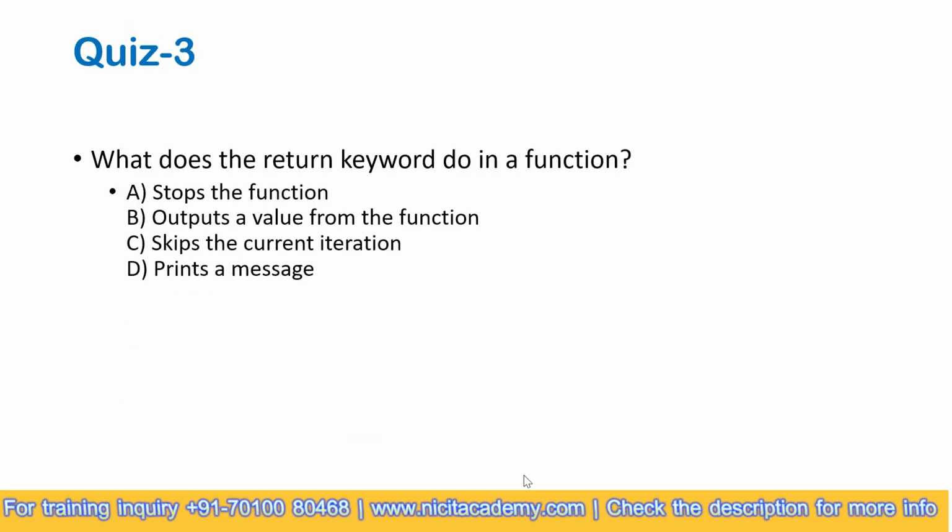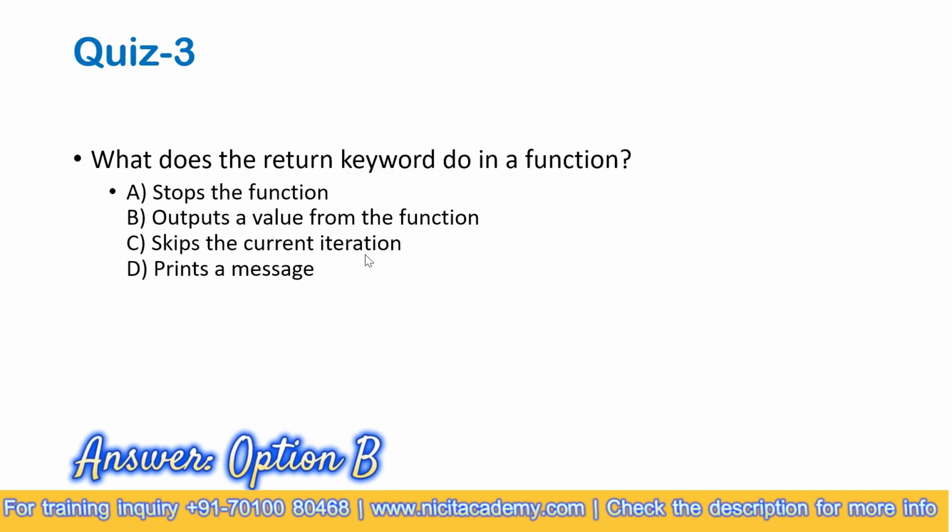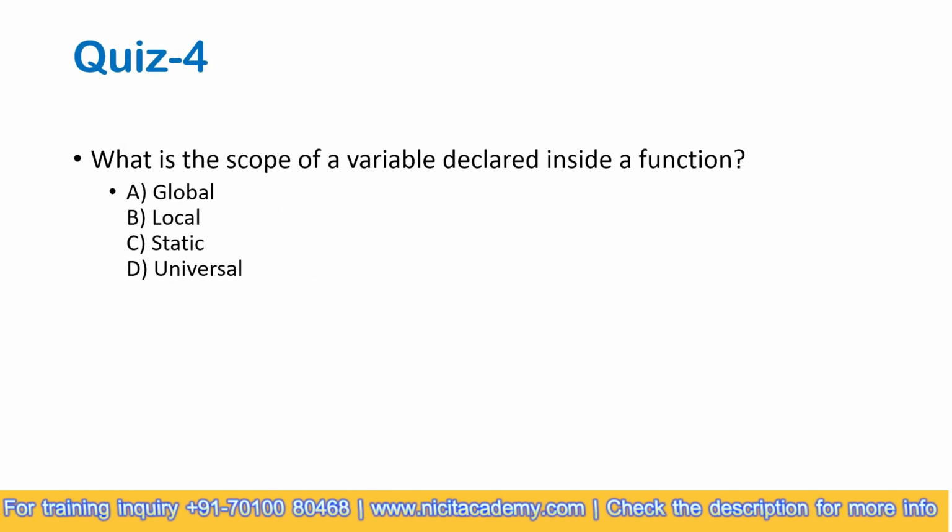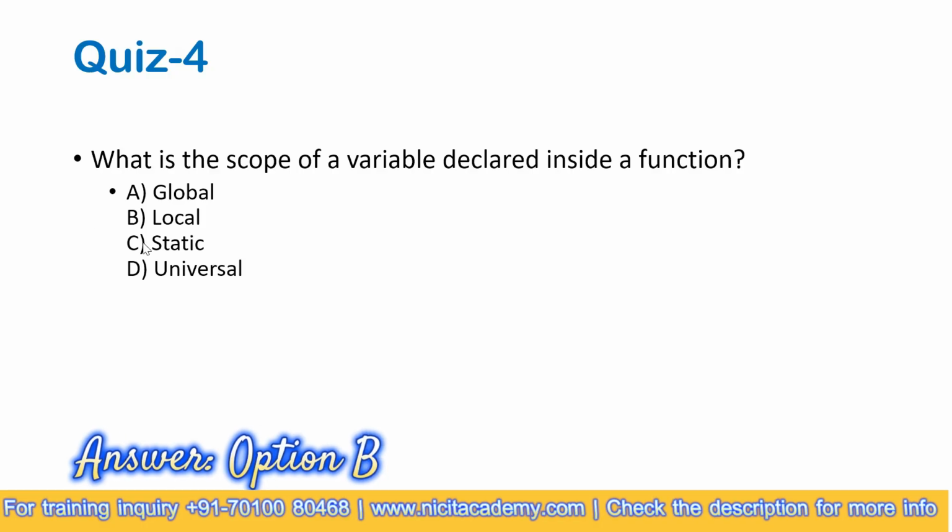Then next is, what does the return keyword do in a function? So return keyword basically outputs a value from the function, right? So B is the correct option. Then next is, what is the scope of a variable declared inside a function? So when you create a variable inside a function, its scope is local. So B is the correct option.